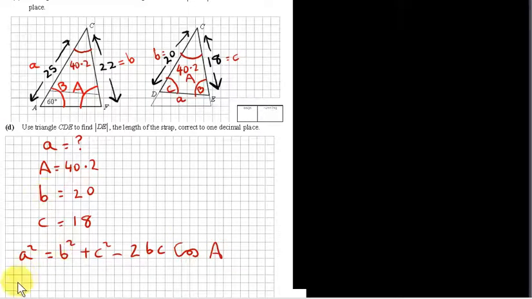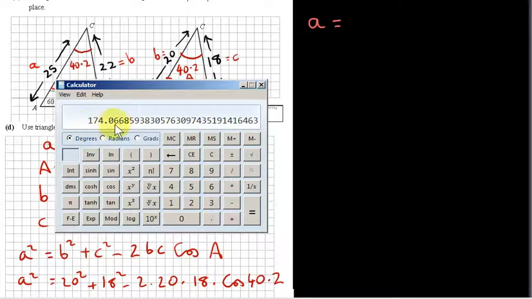So let's just plug in the values. So we have a squared equals b squared, that's 20 squared, plus c is 18 squared, minus 2 times 20 times 18 times the cos of 40.2 degrees. Here is what I get for a squared. You plug all this in. Now we want a, so we want the square root of this number.